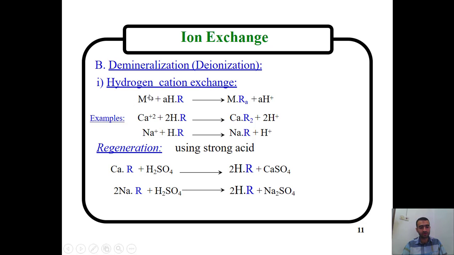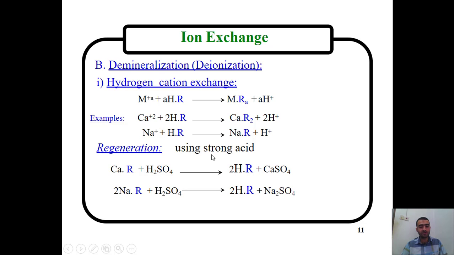So, for example, if we are removing calcium or sodium from water in order to make very pure water, we use a hydrogen cation exchange, and once the solution is passed through or treated with this exchange, the resin will be attached and associated with the calcium, sodium, and other metals, and it will release hydrogen into the water. So how do we regenerate this kind of cation exchange?